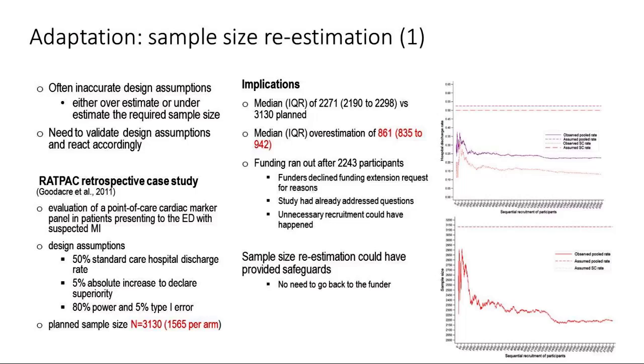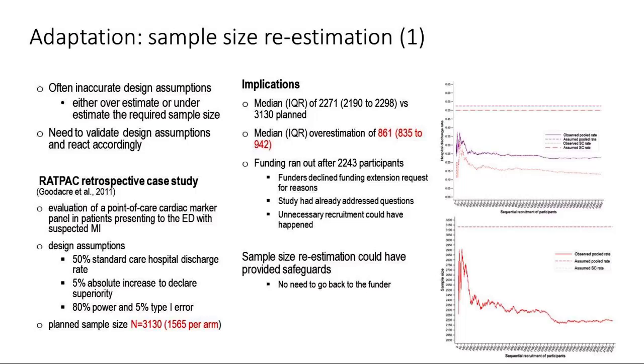So they realized actually we had answered the research question already. There was no need for them to give us extra money. So they said, hang on, no, we can't give you money. We need to stop the trial. And I'll look at this trial later on. I think what you need to understand here is, if we had done a sample size re-estimation during the course of the trial, there was no point for us going back to the funder.